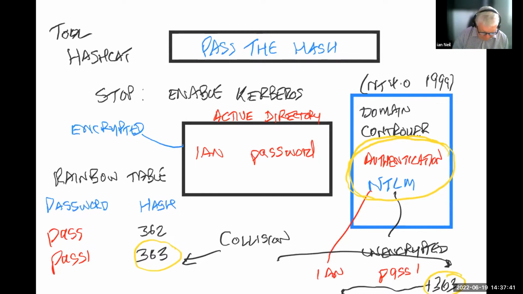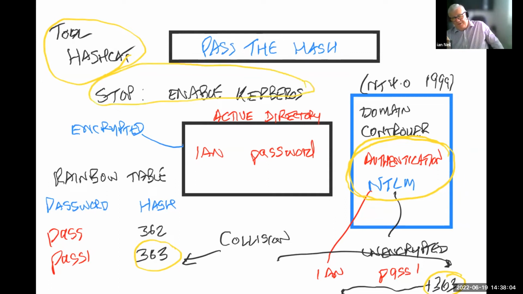So if you go to the exam and they're using Hashcat, or you've got NTLM, that is the pass the hash attack. They don't normally say, how can you stop it? They did in the late 501, but remember, you can stop it by enabling Kerberos. So instead of the database being unencrypted, the database is now encrypted.